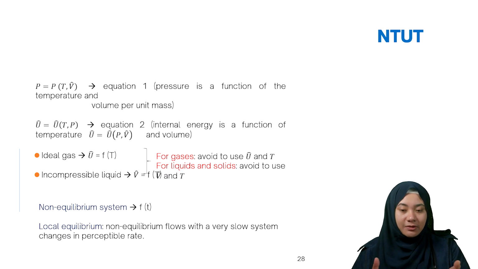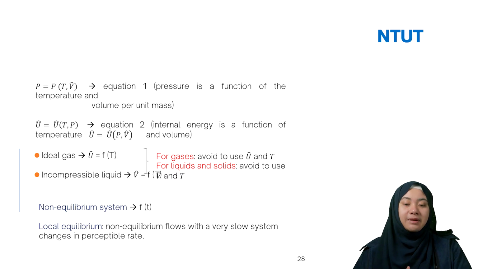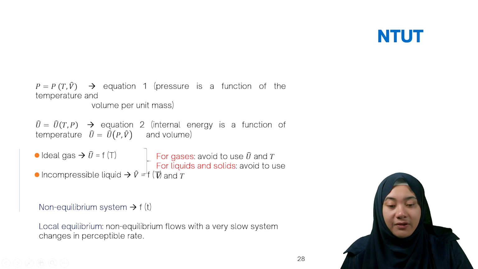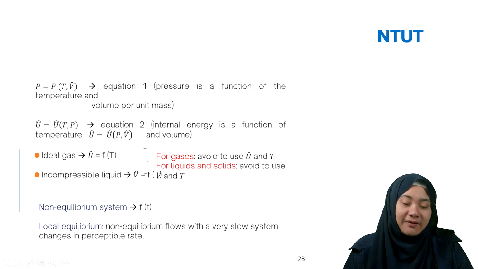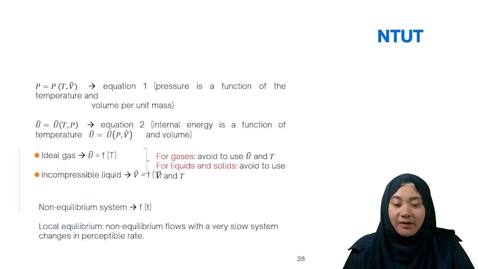For the gas phase, which is compressible, we can avoid using U and T, since it is a function of the pressure. And for liquids and solids, we can avoid using the volume and the temperature, because for an incompressible liquid the volume is a function of T, so it's not easy to control.